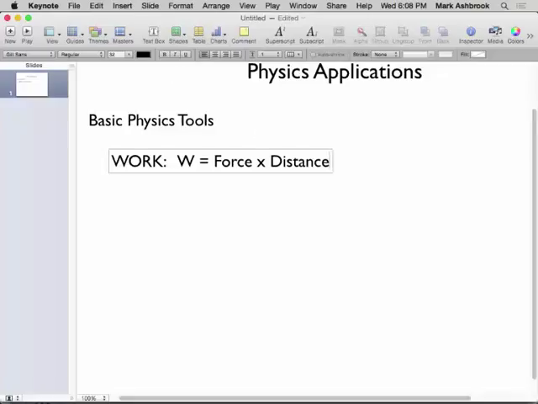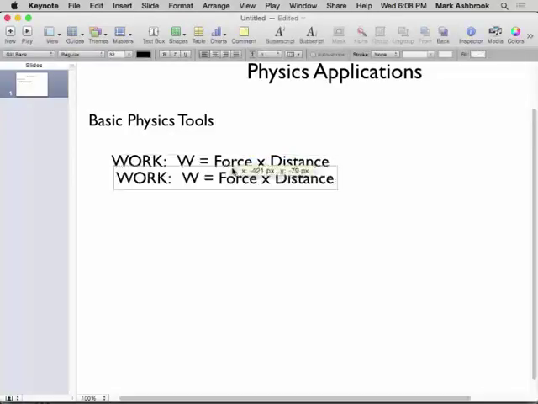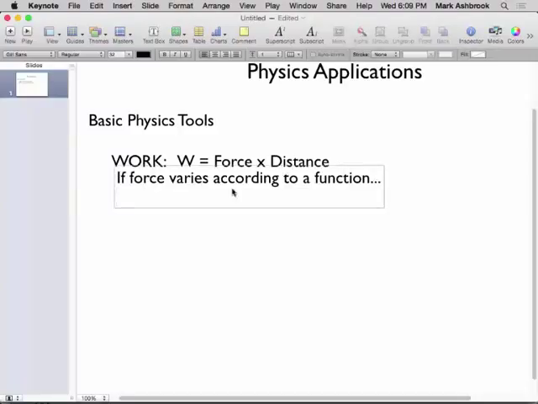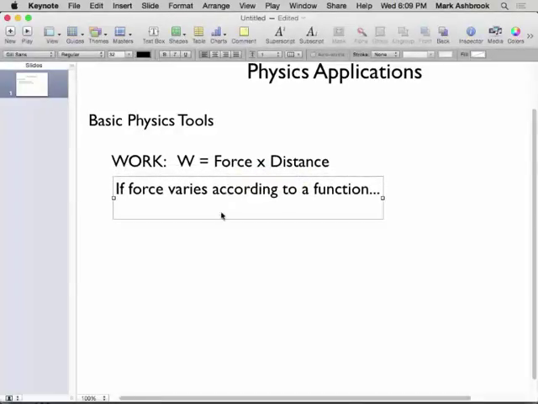If the force varies according to a function, for example, how are we going to find the total work?